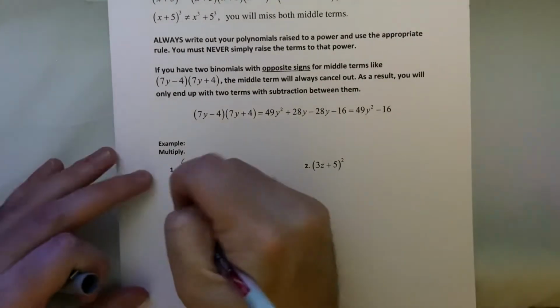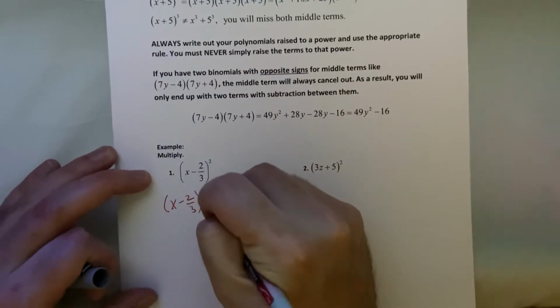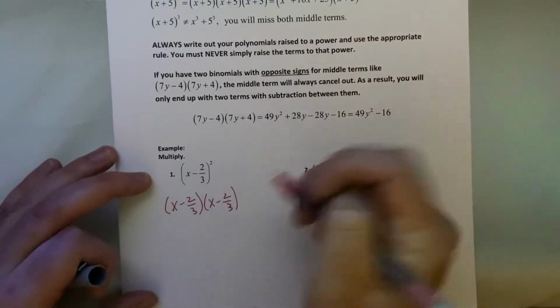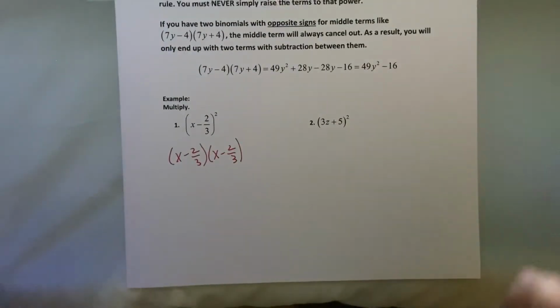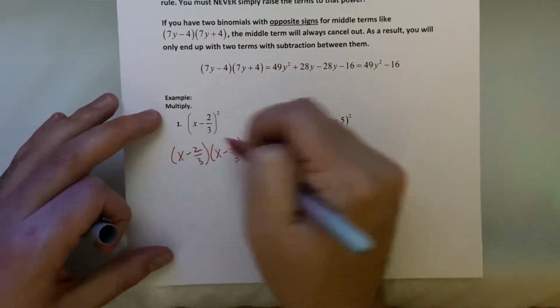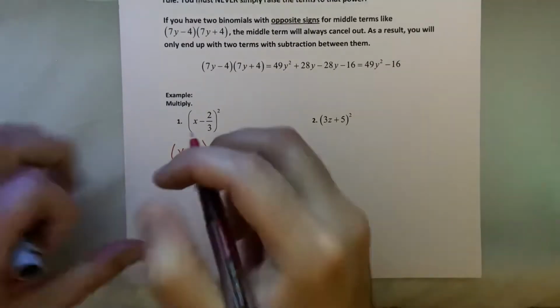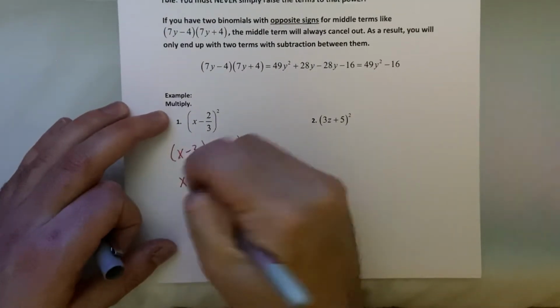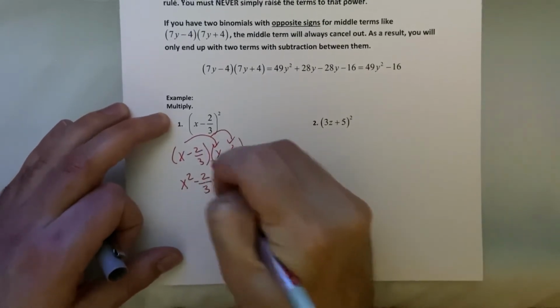So let's look at x minus 2/3 squared. I would always just write this as x minus 2/3 times x minus 2/3. You may see a pattern when you're multiplying these, but it's still always safer to write it out and then use either FOIL, the distributive property, box method, any of those. x times x is x squared. x times negative 2/3 is negative 2/3 x.